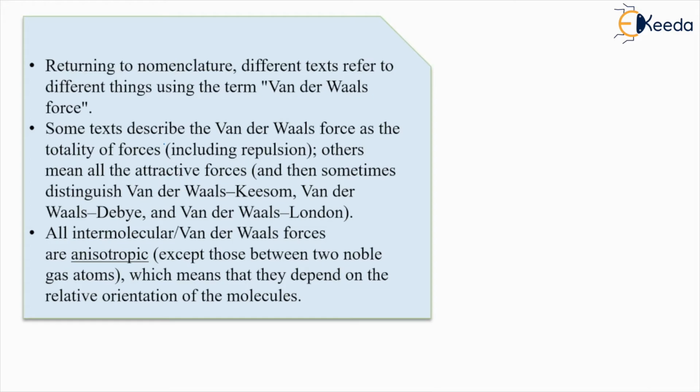All intermolecular van der Waals forces are anisotropic except those between two noble gas atoms, which means they depend on the relative orientation of molecules. There are two kinds of things. One is isotropic. There are certain molecules which are isotropic in nature.